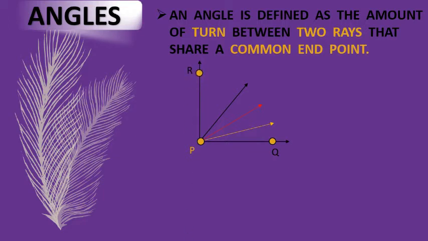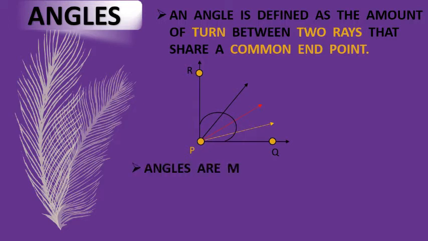You can see here all the rays are coming from the same initial point. It means the turn from PQ to PR is making an angle. Right? The turn from PQ to PR is making an angle.